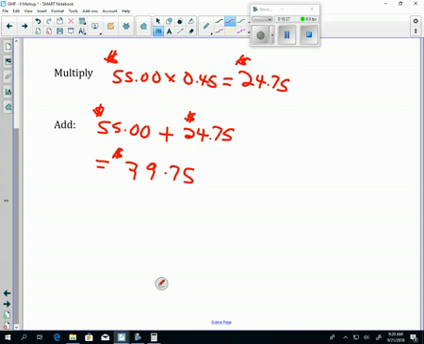Then when you go to the cash register, they're going to say, well, we have 15% tax. So that's going to be converted to a decimal. So we have to multiply that again now by 0.15. That's for the HST tax.